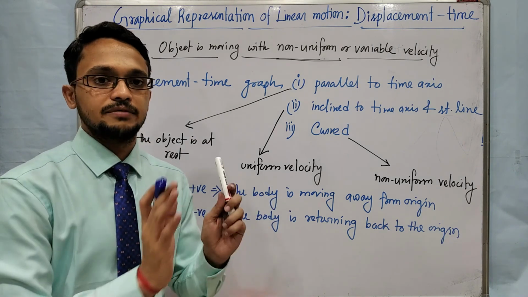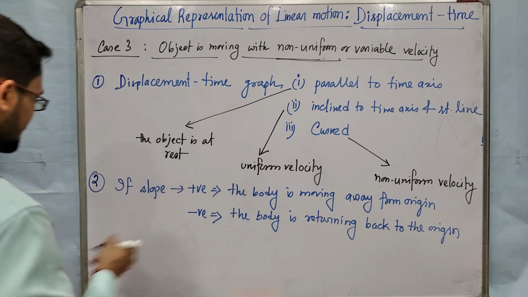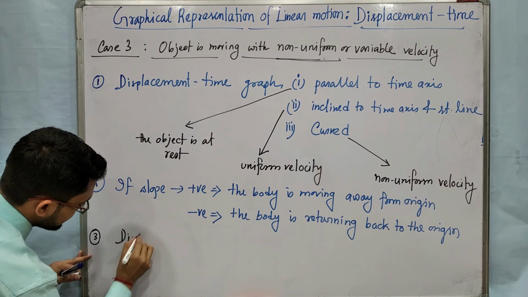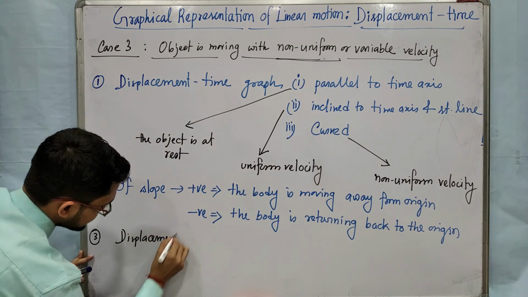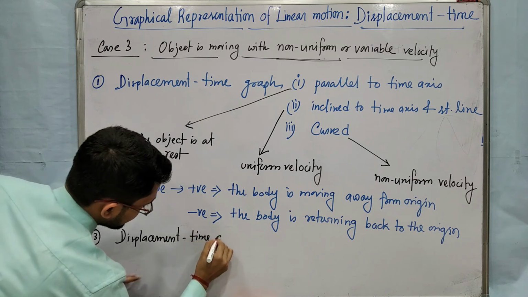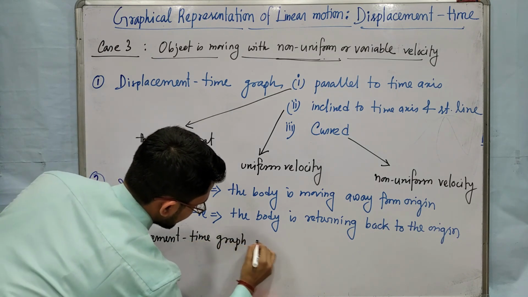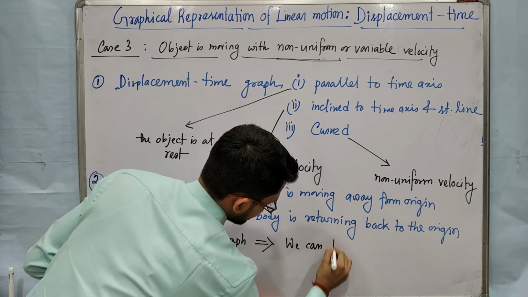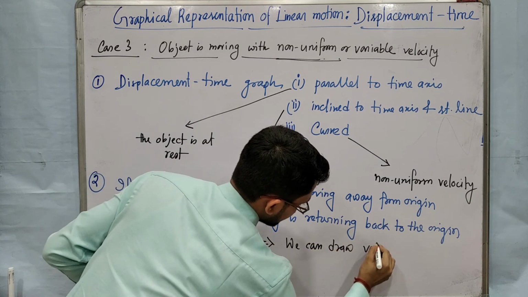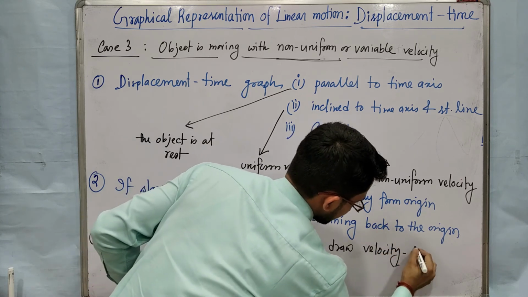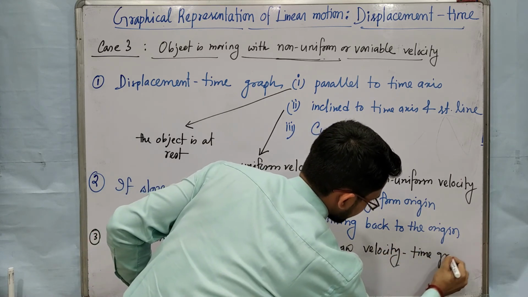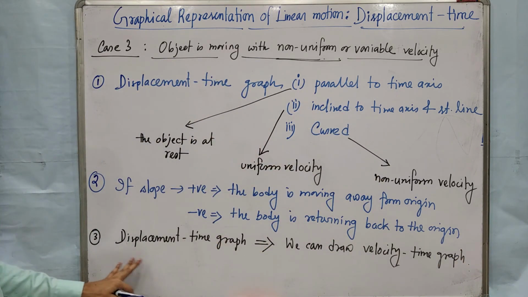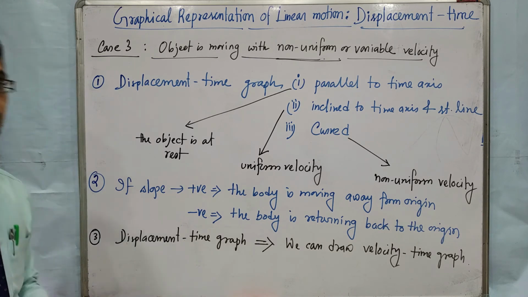Another thing we can tell is that from the displacement time graph we can draw the velocity time graph. This part we will do in the next class: how to draw a velocity time graph from a displacement time graph.